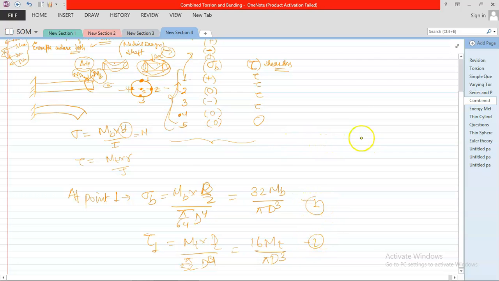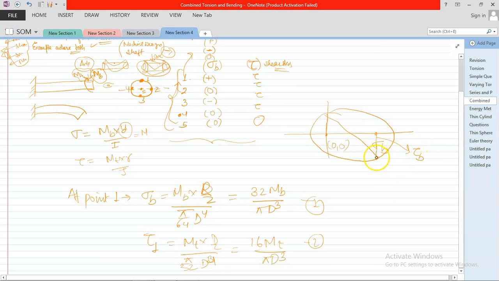Now at point 1, if you draw the Mohr circle, what is the state of the Mohr circle? You have one sigma b, and you have another stress, that is 0. Now take this as a pole. If you draw the Mohr circle like this, and you draw a circle, this is your tau, this is your tau.